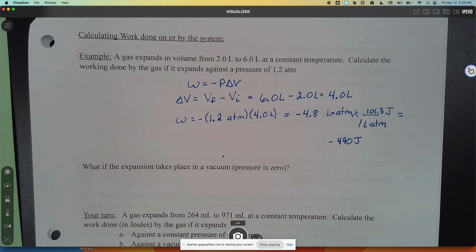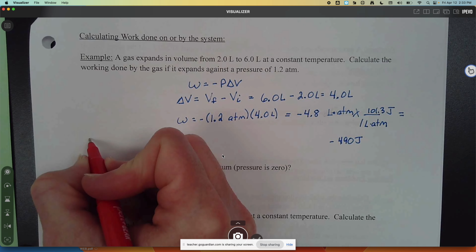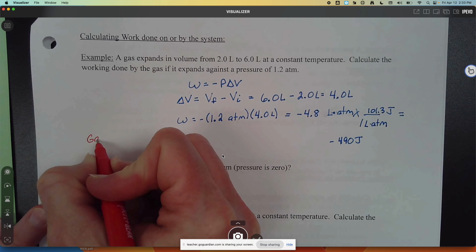Now, the actual meaning of this is that the gas is expanding.